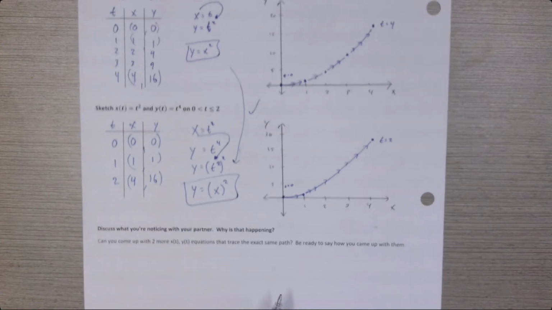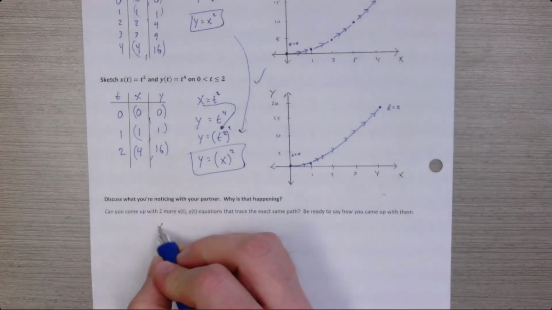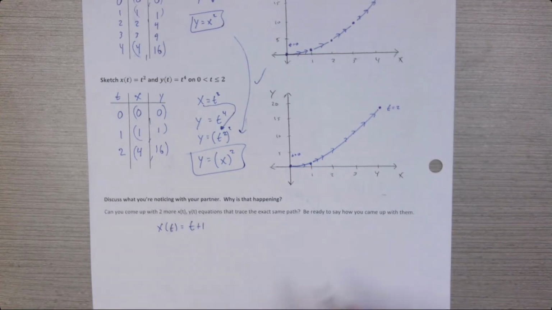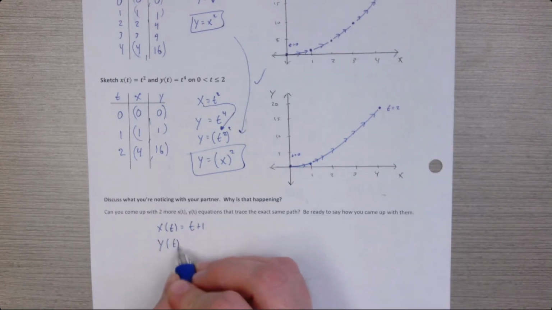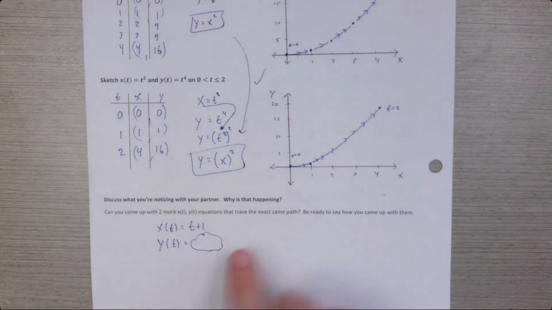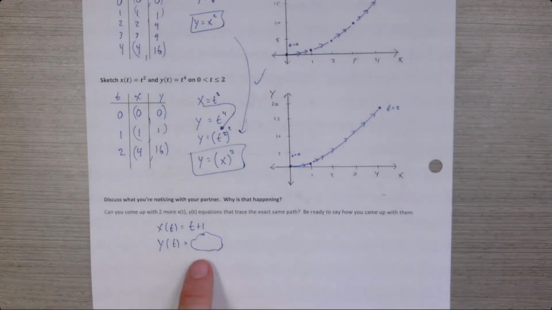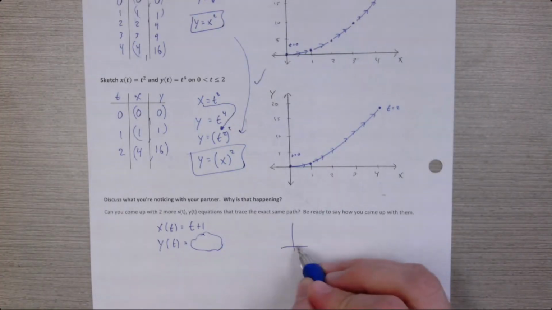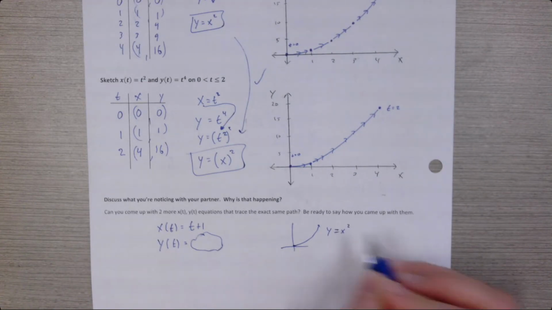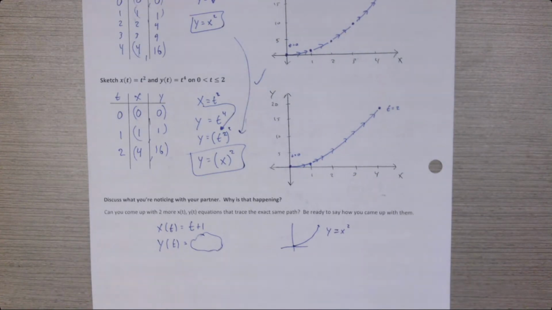So for example, let's say x of t is going to be t plus 1. What should my y of t have to be so that if I was going to eliminate the parameter, if I was going to go back to the Cartesian, it still describes that y equals x squared curve? Think about it for a minute. Okay, fair warning, I'm about to tell you.